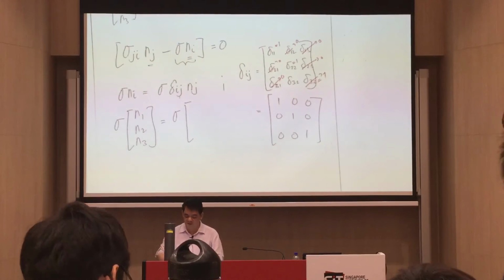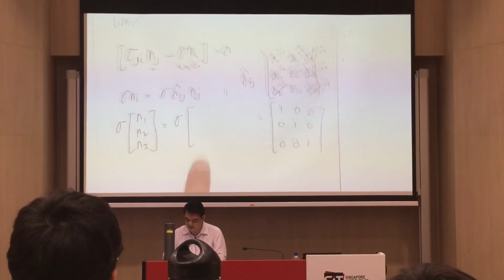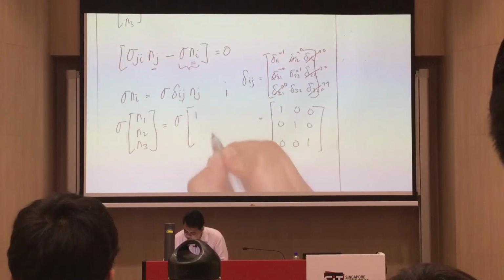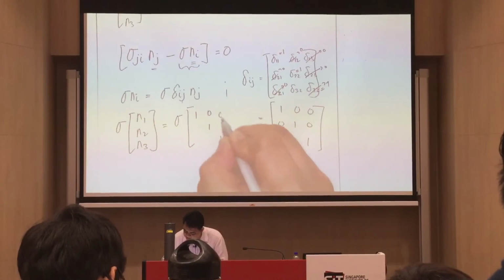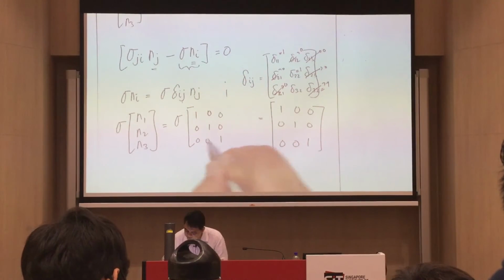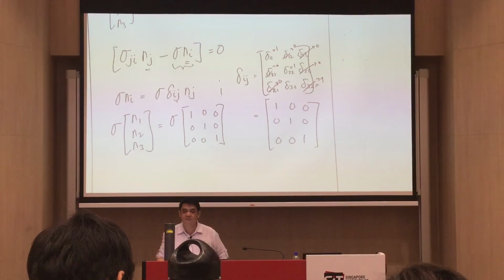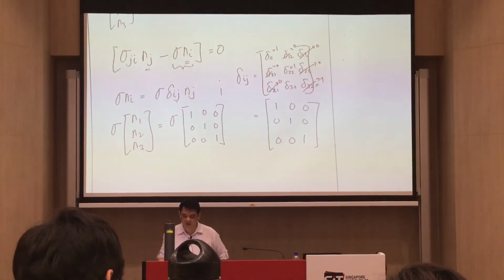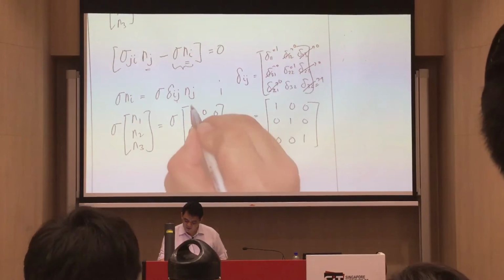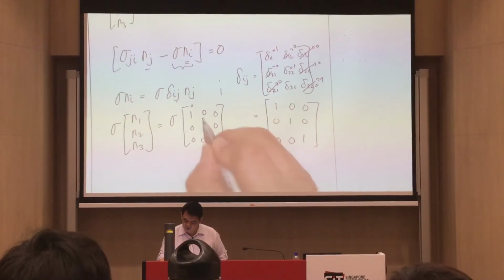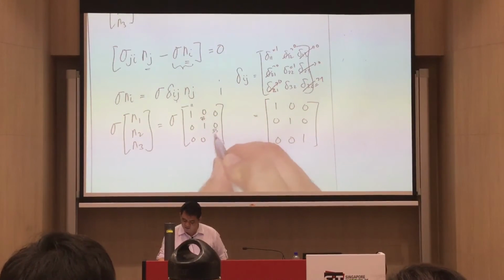Now let's try to prove that this one is equal to that. So this one now is 1, 1, 1, or 2, 2, or 3, 3.